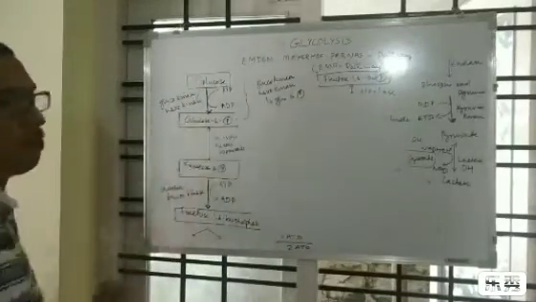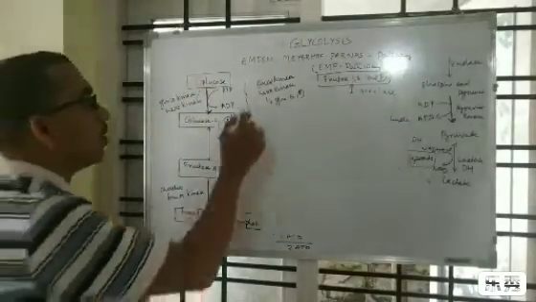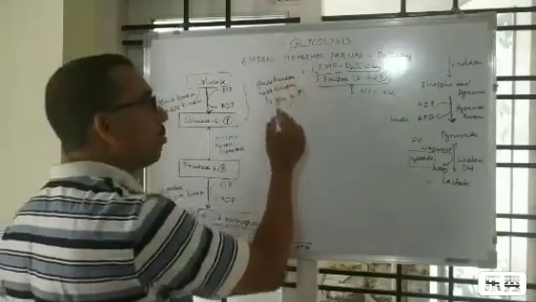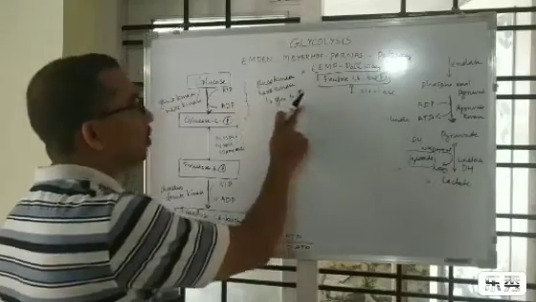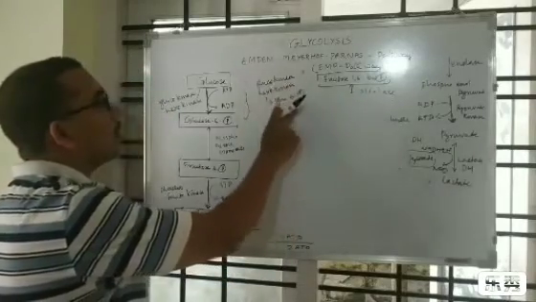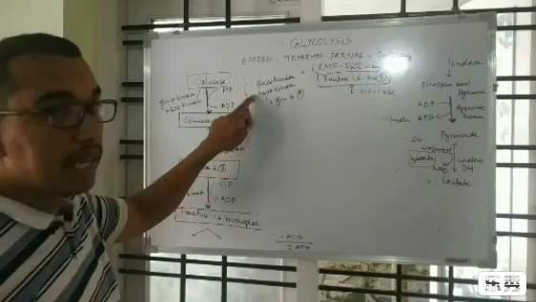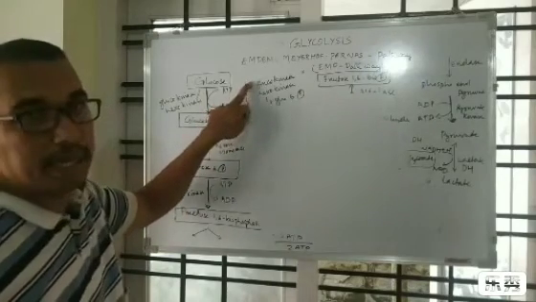That is product inhibition. While glucokinase is not inhibited by glucose 6-phosphate. So we have to remember that glucose 6-phosphate inhibits only hexokinase, not glucokinase.